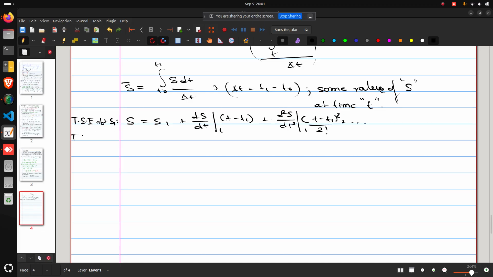Now Taylor series expansion about S0. Let's write it in the bottom part.